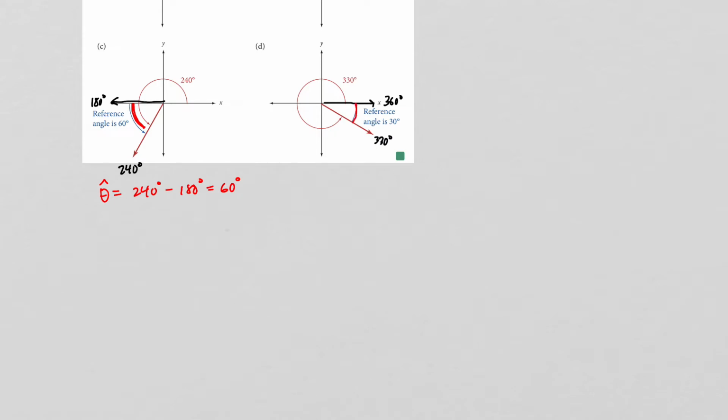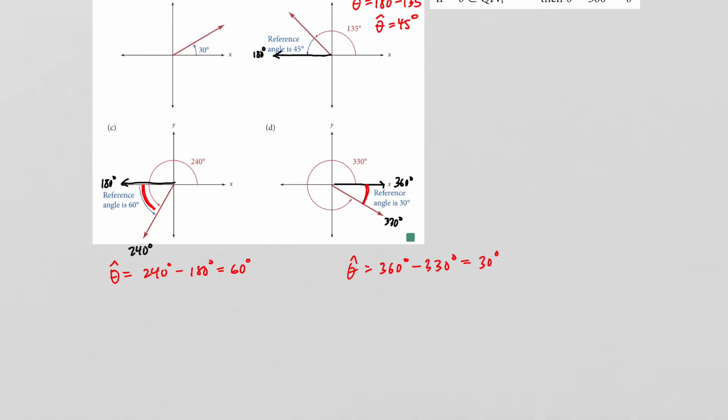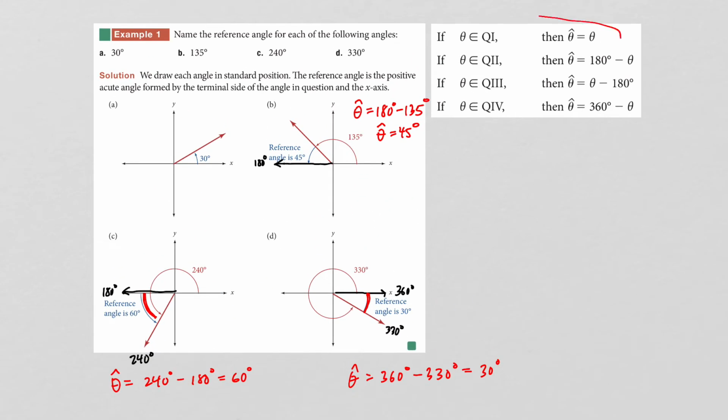So to find the angle between those two, we simply take 360 minus 330, which is 30 degrees. So again, you can memorize these little formulas up here if you want for each of the 4 quadrants, but I think it's more productive to know the concept and just simply draw a graph each time you need to figure out a reference angle.